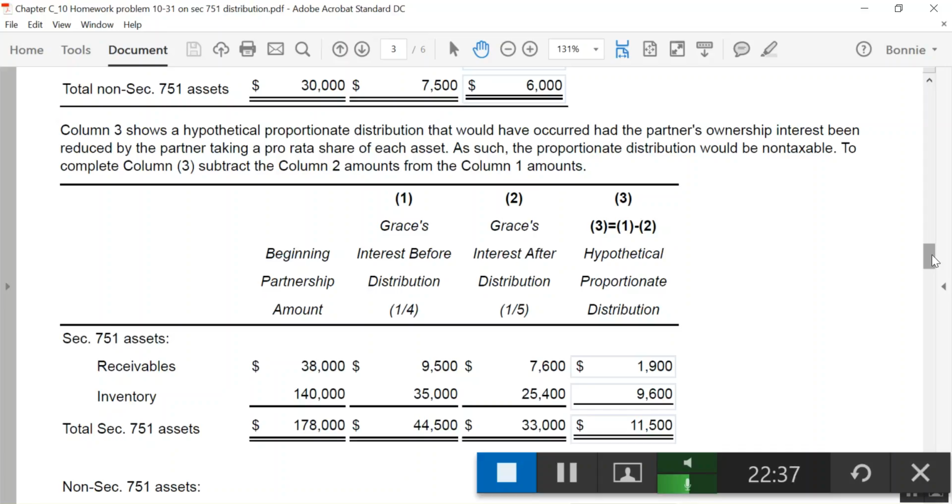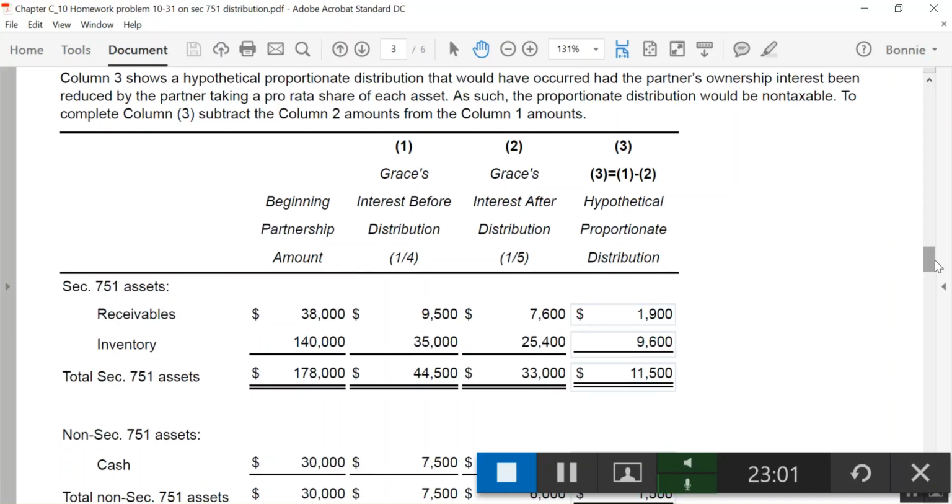So that could be an instance where you will be taxed on a distribution, and in that case it's not even a distribution to yourself, it's a distribution to some other partner, but you're going to be taxed on it. And that's really a recognition of a gain that's been deferred for some period of time. A little bit different than this situation.